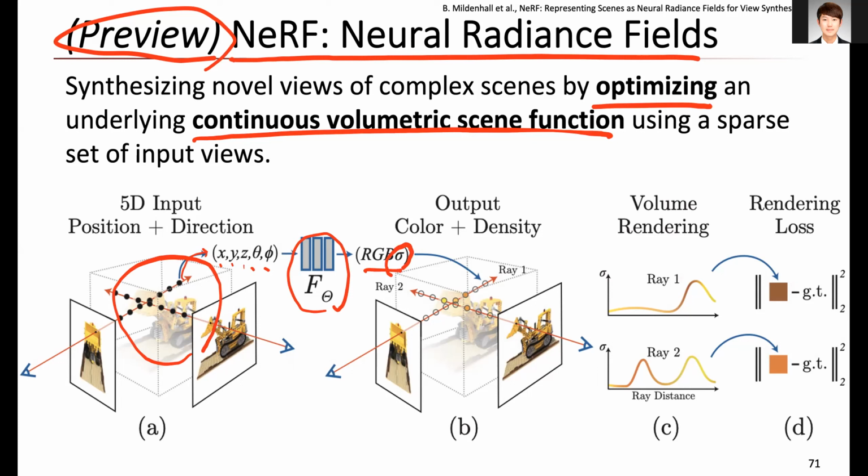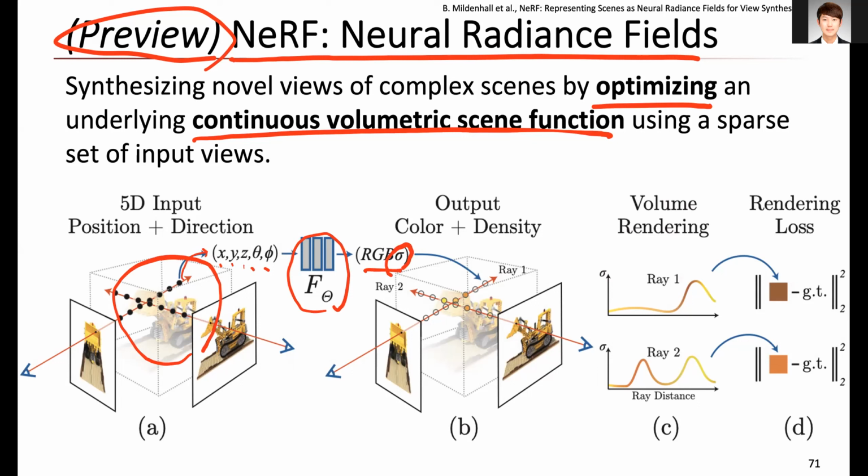By just training this MLP neural network, we can represent an infinite and continuous 3D space. So many 3D-aware image generators try to use this neural radiance field concept.